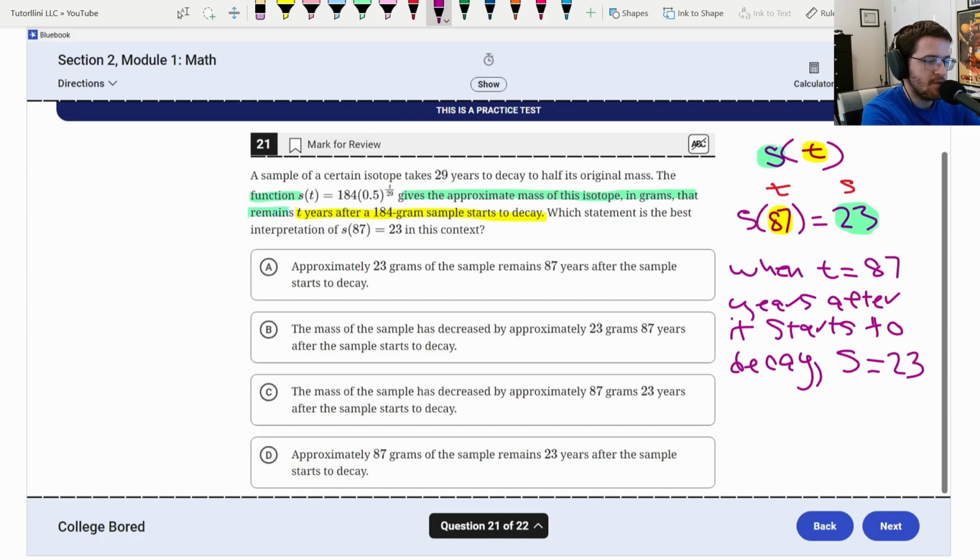Okay, so 23 grams of the isotope remain.